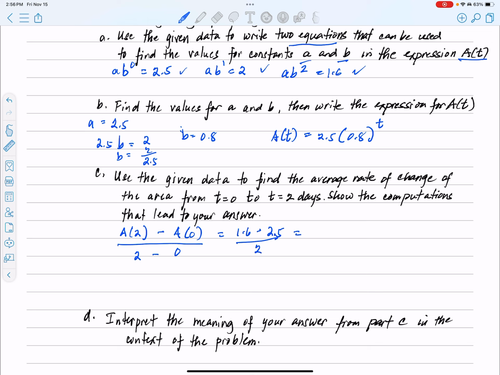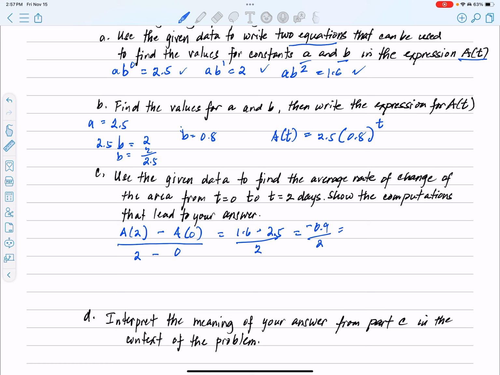I'm getting my calculator here. So we have 1.6 minus 2.5, which is equal to negative 0.9, divided by 2.